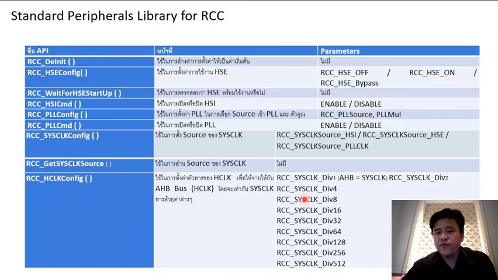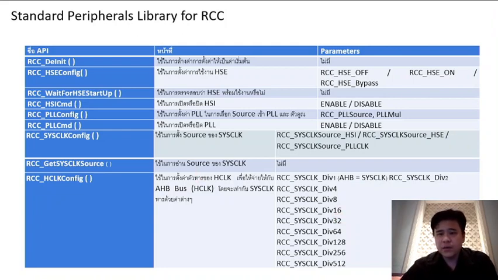Here you will find these are parameters. So what is a parameter? A parameter means that you put this word into the function, then it generates the result for you. For example, if you use RCC HCLK config, then you just pass the parameter RCC SYSCLK divided by 16. Then your program will divide your system clock by 16 and generate the AHB clock using that frequency.